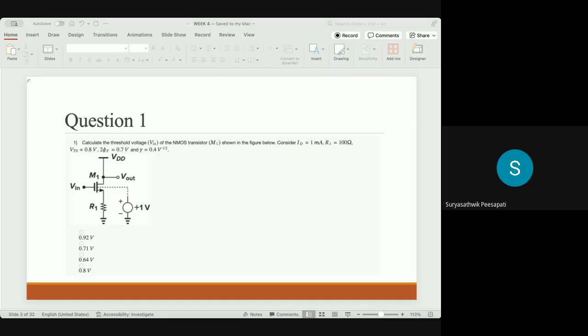Then tell me, what is the value of VTH0? It is 0.8. Yes, 0.8 plus, what is the value of gamma? 0.4, right?